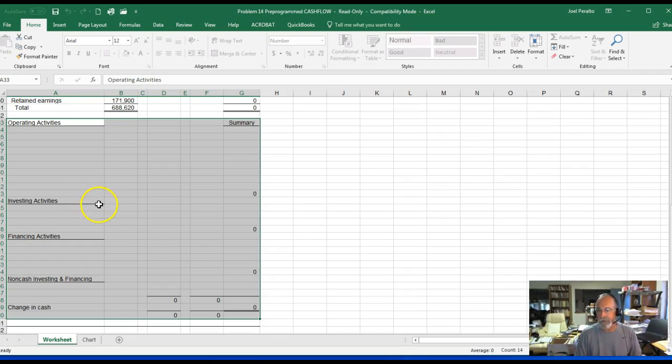It's not rocket science, but it takes a little bit of time to develop the logic, I think, of how statement of cash flows works and how it's put together or constructed.